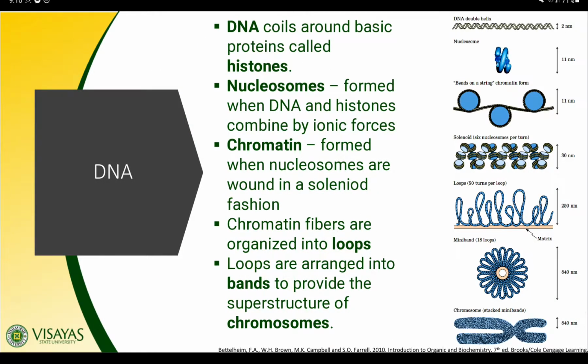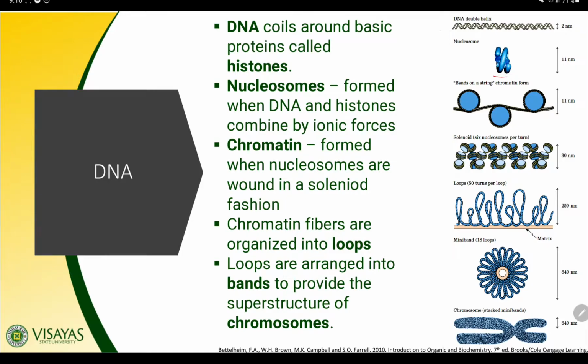So the DNA in our body actually coils around basic proteins called histones. If these are the DNA double helix, they coil around basic proteins called histones. DNA is acidic. So nucleosomes are formed when our acidic DNA and basic histones combine by ionic forces.